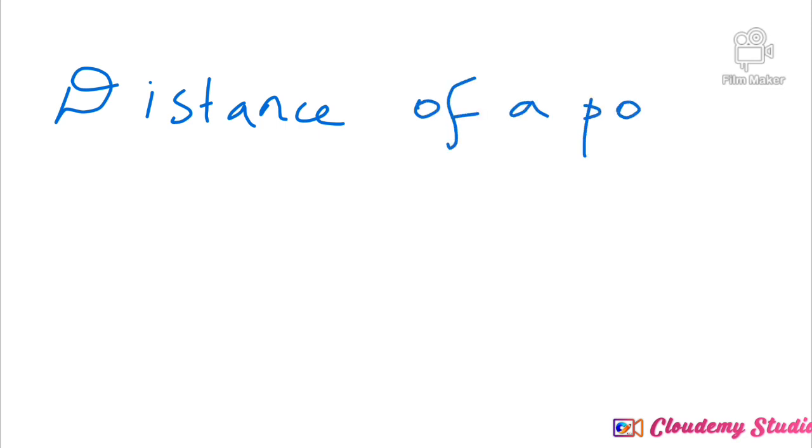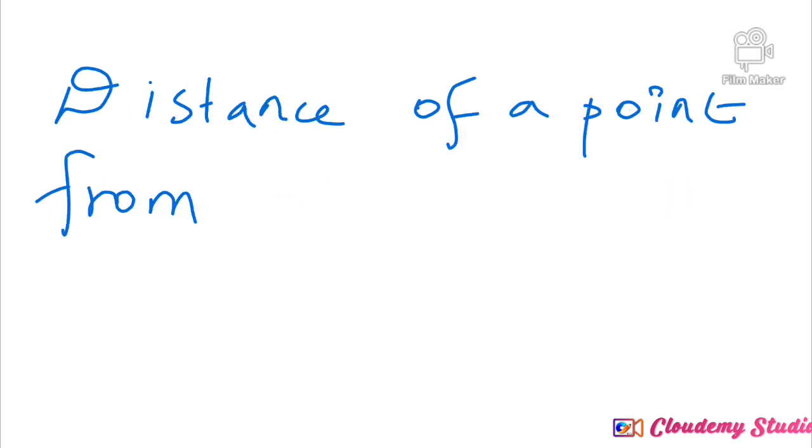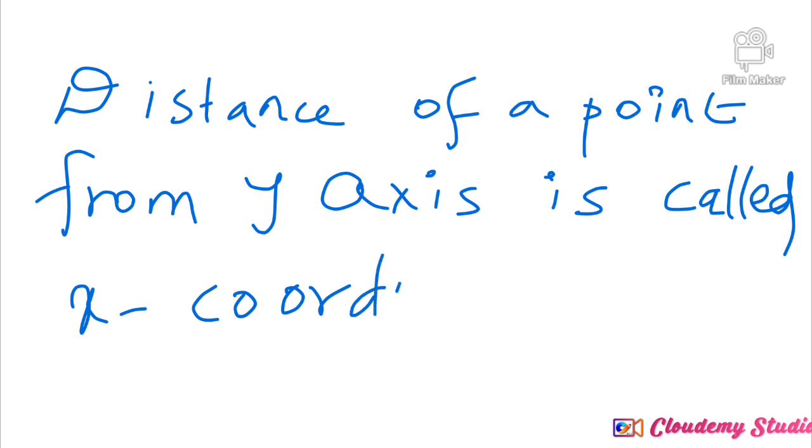Right? Similarly, the distance of a point from the y-axis is called the x-coordinate, or otherwise called abscissa.